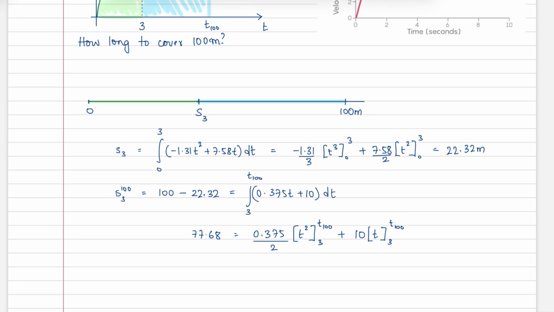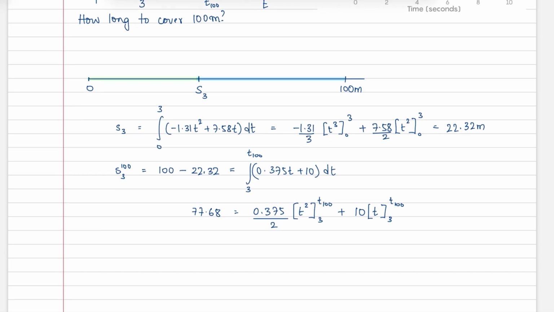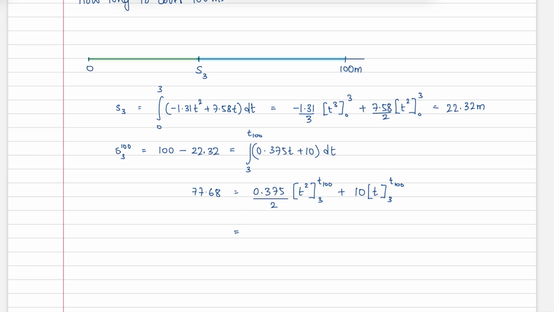So if you now put in the numbers of the limits, you will get 0.1875 times (t100 squared minus 3 squared) plus 10 times (t100 minus 3) is equal to 77.68.